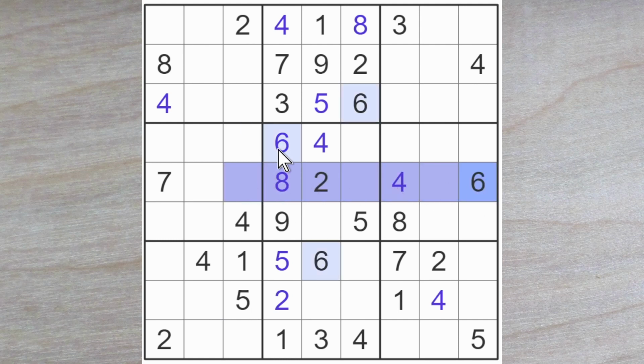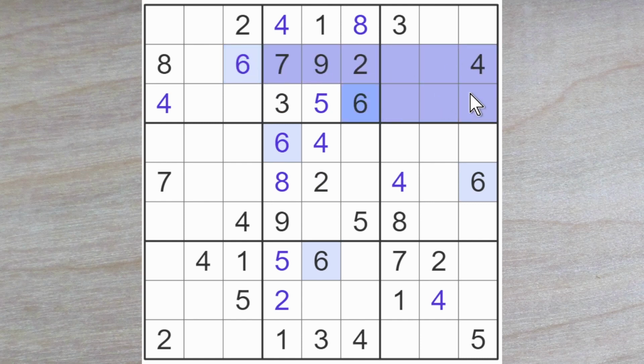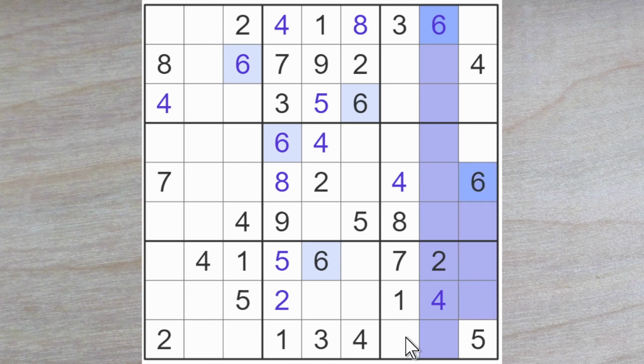These 2 6's block across. This 6 blocks across, so a 6 is forced to go into this square here. And now I look right and I see that these 2 6's block, this 6 also blocks, so a 6 must go here. I see these 6's blocking down and therefore a 6 must go here.